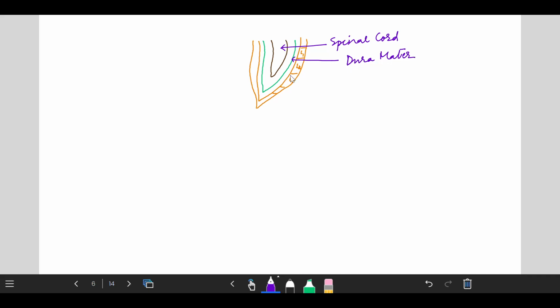And this part is subdural space. And this part is the epidural space.